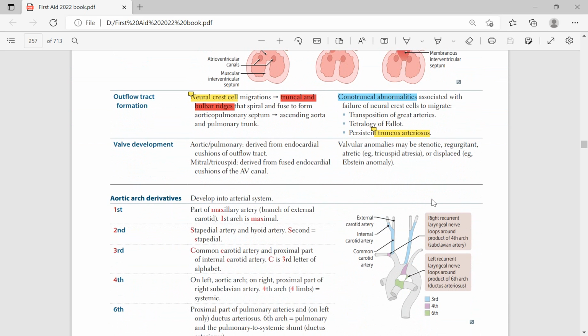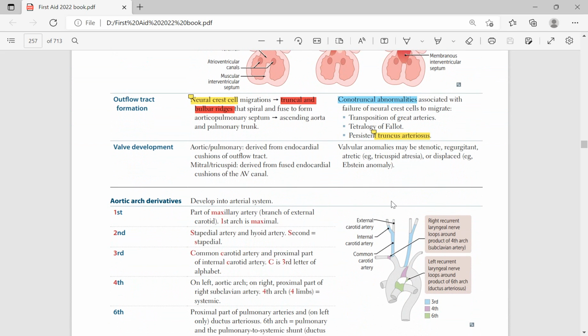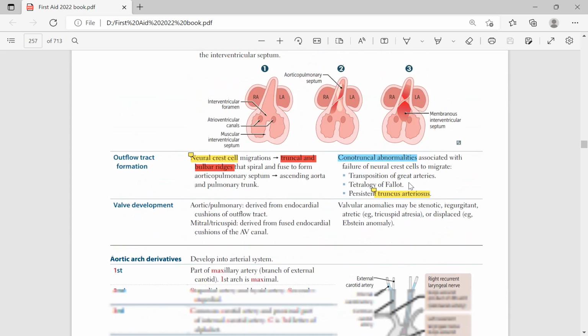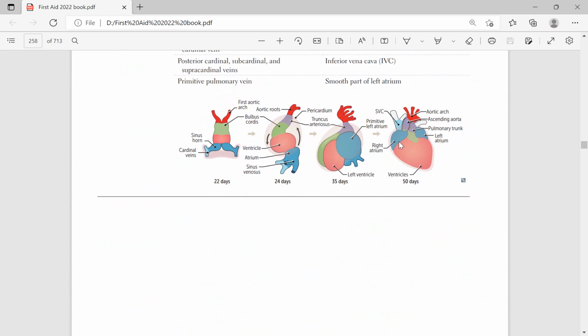atretic, like tricuspid atresia, or displaced, like Ebstein anomaly. What is Ebstein anomaly? Ebstein anomaly is displacement of the tricuspid valve leaflet downward into the right ventricle, associated with tricuspid regurgitation and an accessory conduction pathway.